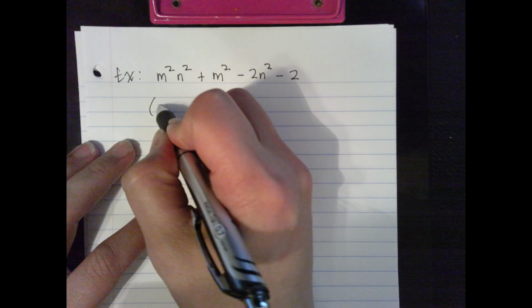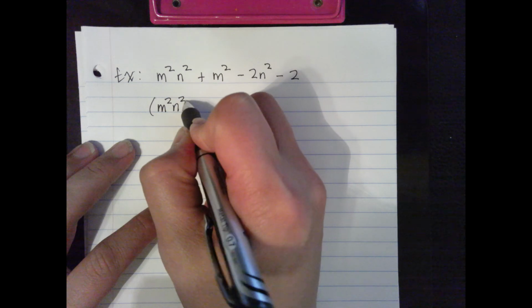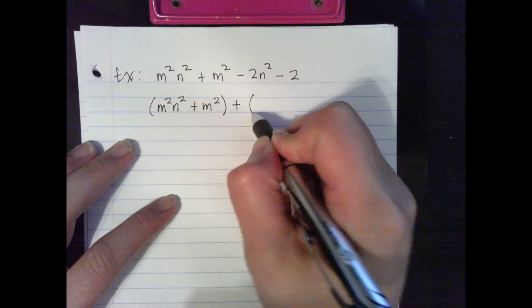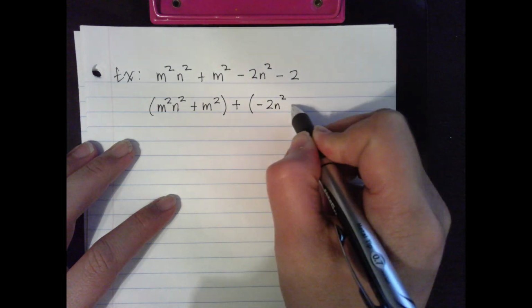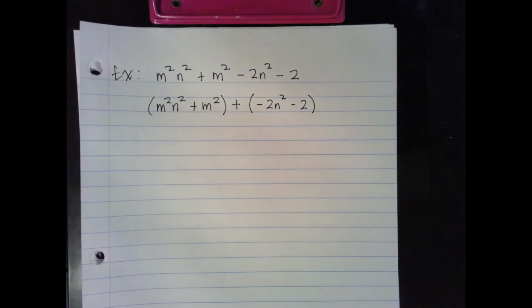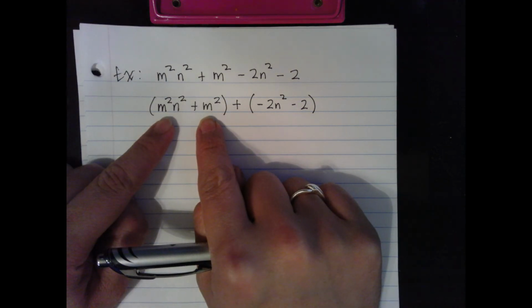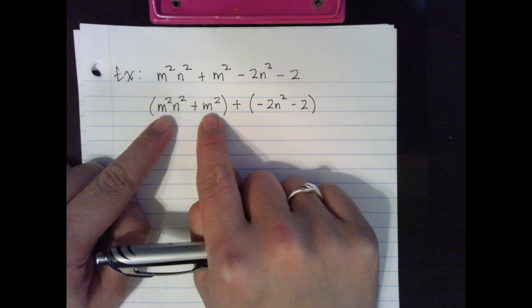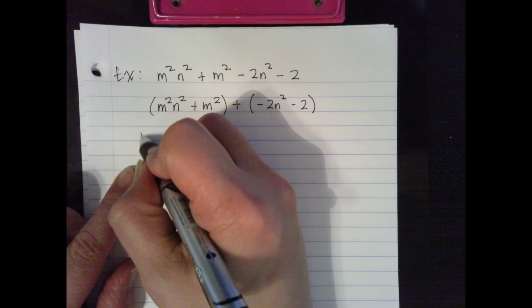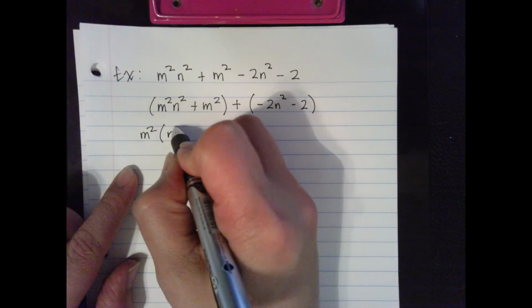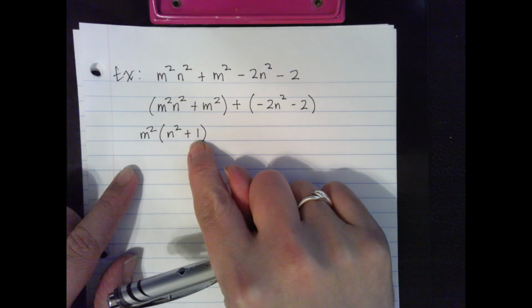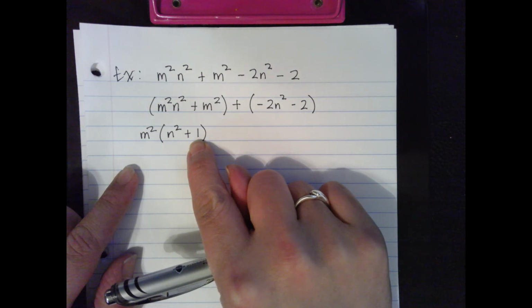So let's start off with that. m squared n squared plus m squared plus negative 2n squared minus 2. My GCF in my first set of parentheses is m squared. So I have m squared times n squared plus 1. Don't forget, if you pull the entire term, what's left is a factor of 1.